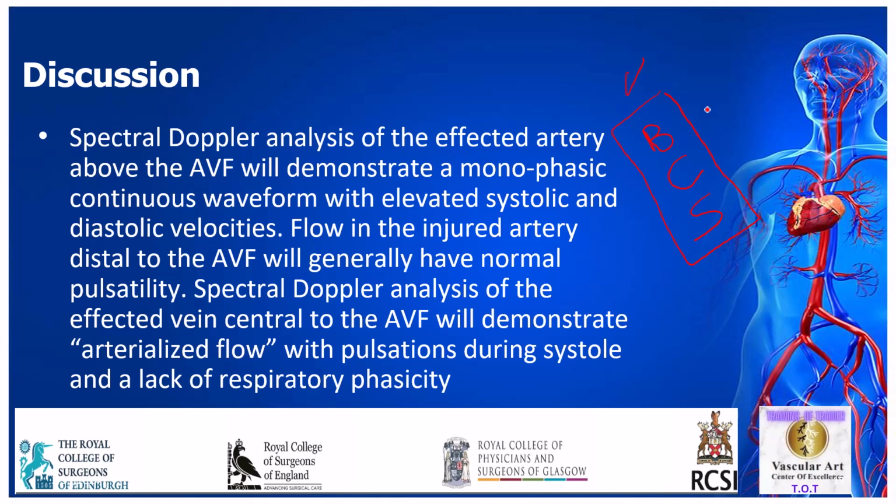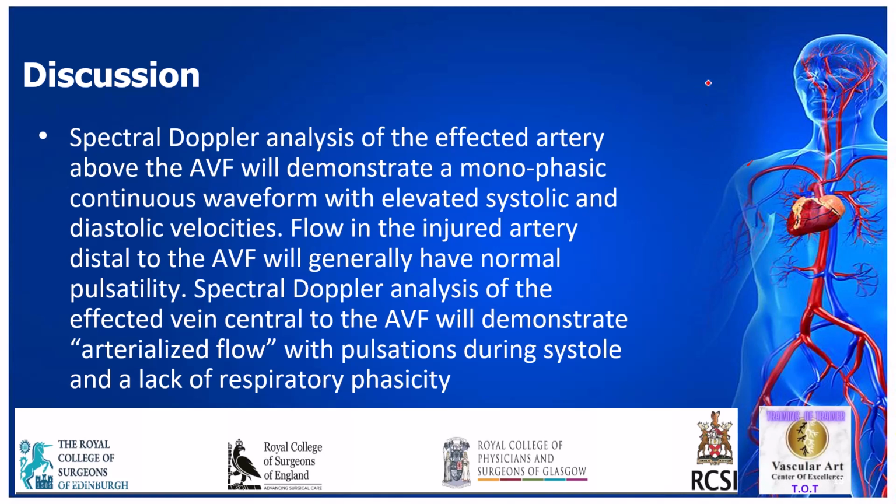Not a single one of them will give you the information, so you need to gather all these three elements. The spectral Doppler, as we have seen, in the arteriovenous fistula is very spectacular because you get the Doppler signal in the artery and the vein, and they have a special character.